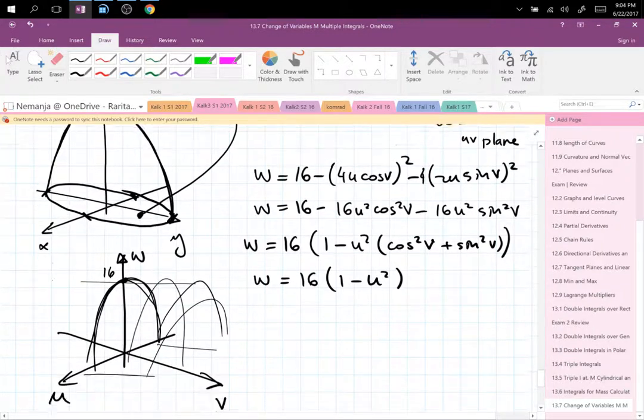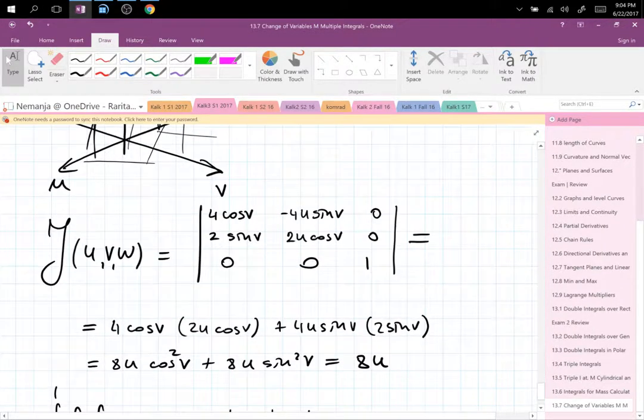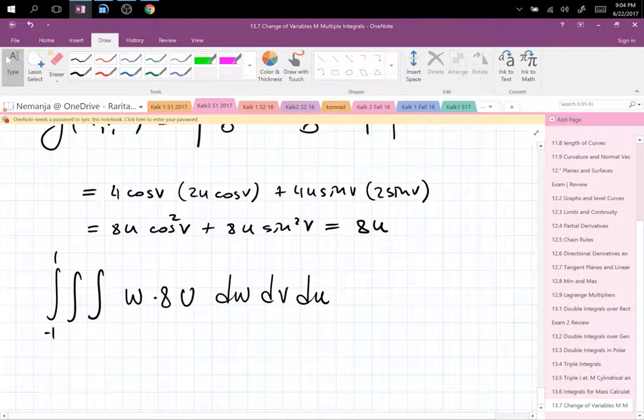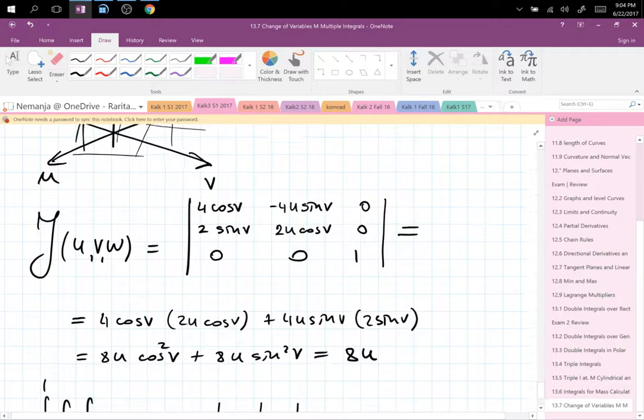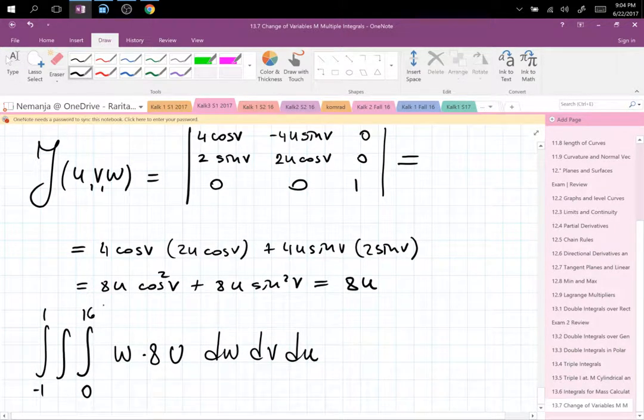Why did you choose that order? Wouldn't dw be... Exactly. Because that one is 0 to the function, right? Now, what are the limits for v?